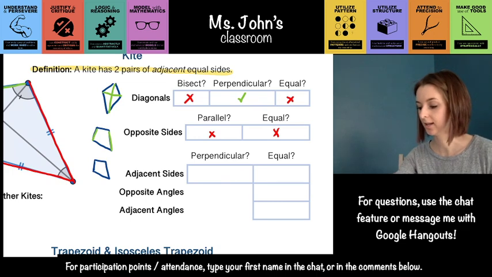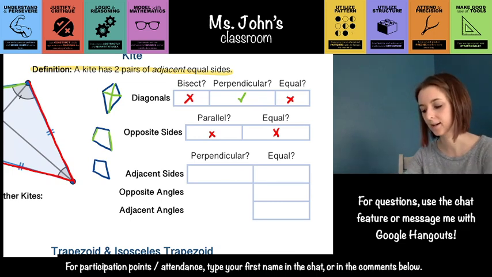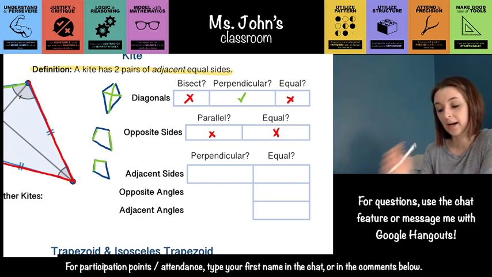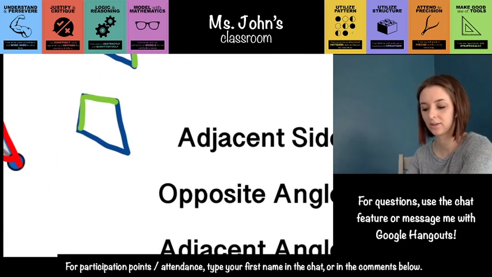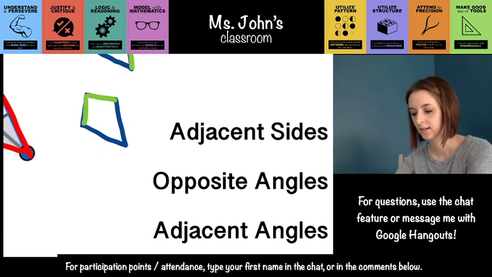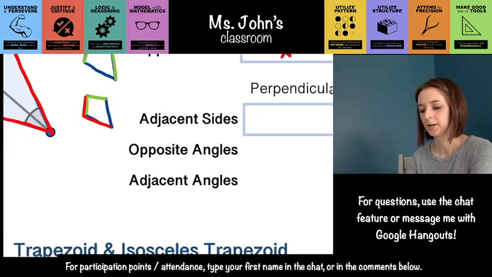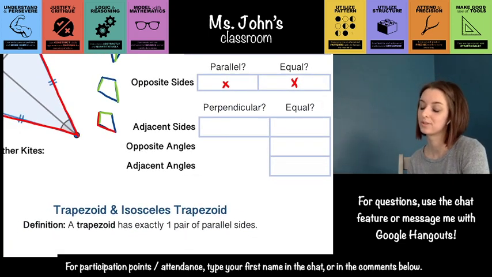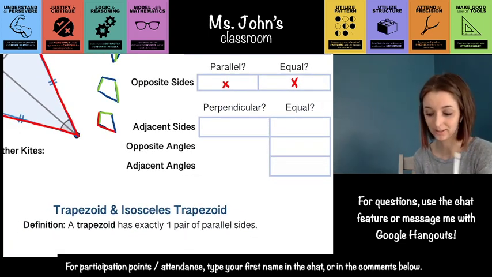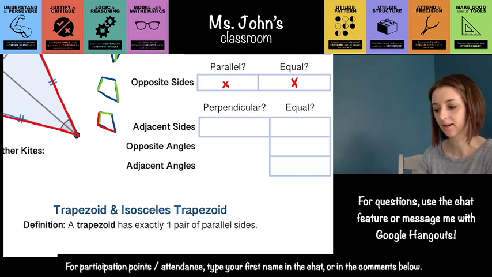So here's the tricky thing. In a kite, there's different pairs of adjacent sides. The pair that I just drew is a pair of adjacent sides, but so is this pair and this pair, which one of those pairs are equal and one of those are not equal.